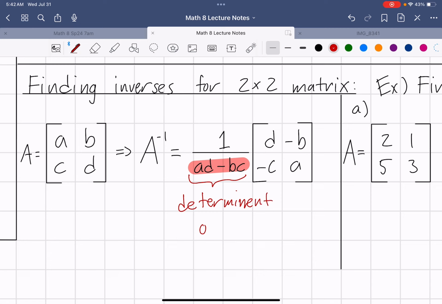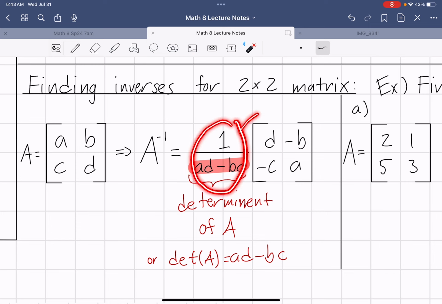The determinant of A, or some people might write it as det A, is equal to AD minus BC. And then this becomes a scalar that you distribute to each term. But if you notice, it was A, B, C, D. Now A and D have swapped, and C and B are in the same place, but now they are negative.